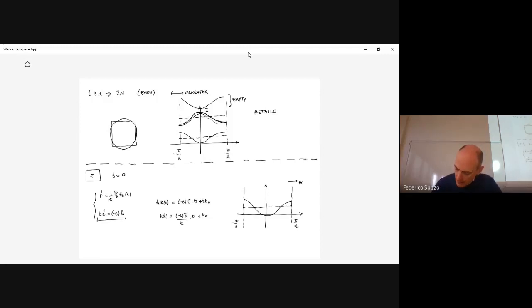So I now exaggerate in the drawing. So after a time t, we have that, for instance, the occupancy of the levels is given by this diagram. So you have a shift to the left of the crystal momenta.